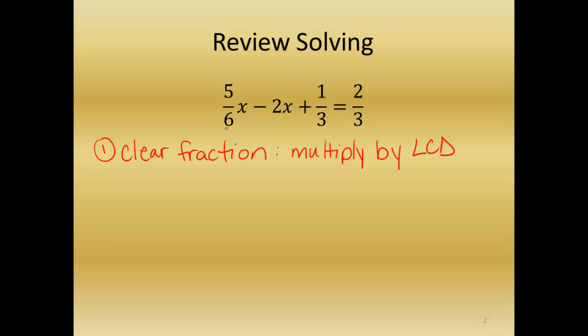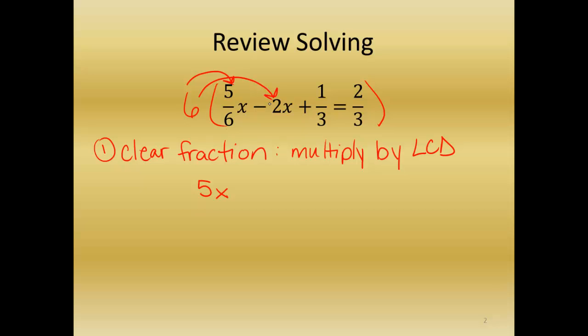In this case, our common denominator between 6 and 3 is 6. So I'm going to take this entire fraction and distribute the 6. And when I do that, 6 over 6 here cancels.